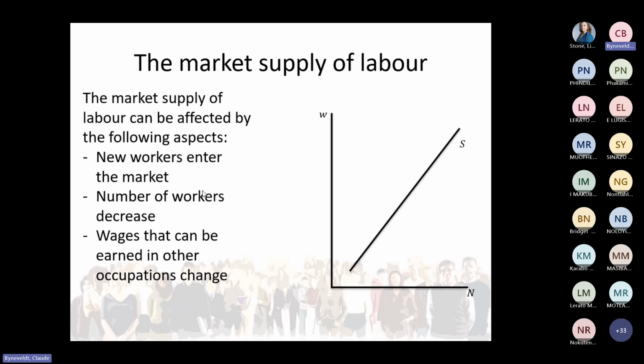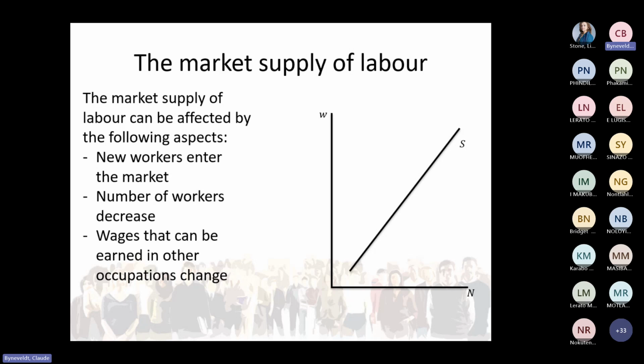There are more workers that have qualified or obtained degrees at tertiary institutions or TVET colleges or whatever. The number of workers can also decrease. There are retrenchments in that industry, job losses, which can also happen in South Africa's case, especially in the coal mining industry and other industries.